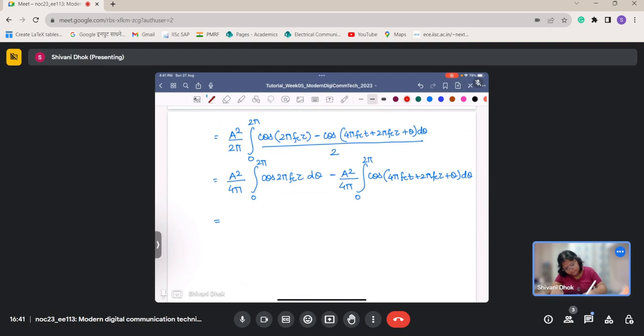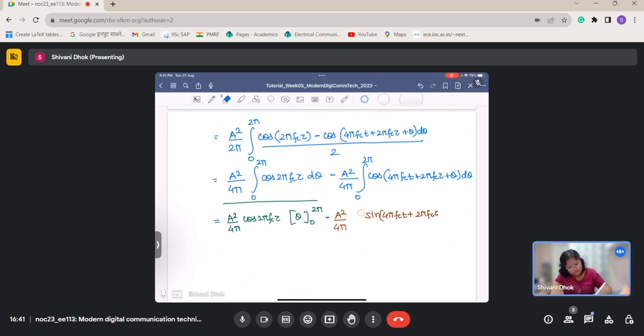The first thing will be simply a square upon 4 pi cos 2 pi fc tau times theta from 0 to 2 pi, and minus a square upon 4 pi times the sine of 4 pi fc t plus 2 pi fc tau plus theta, from 0 to 2 pi.